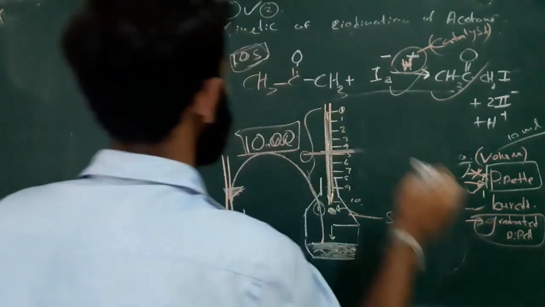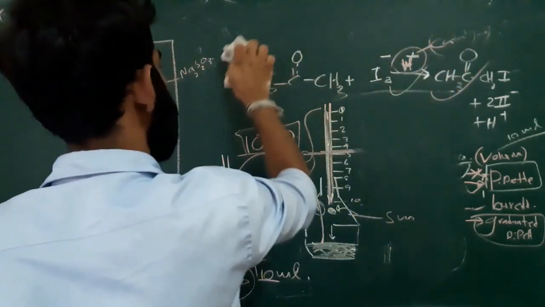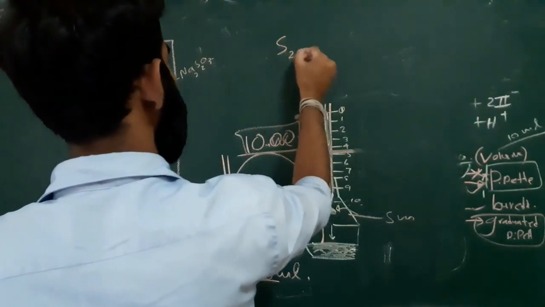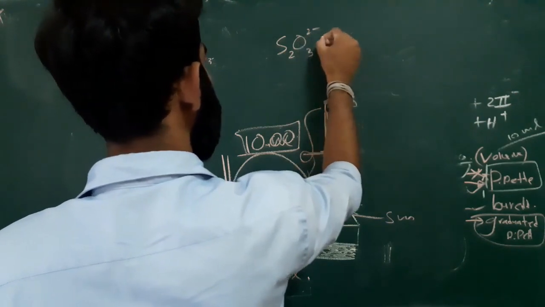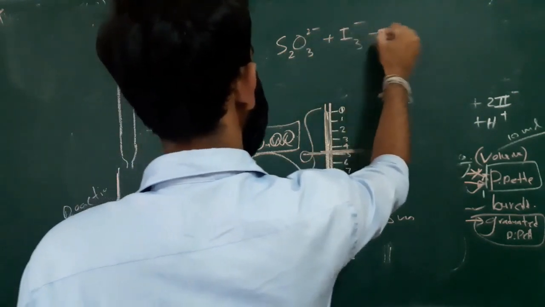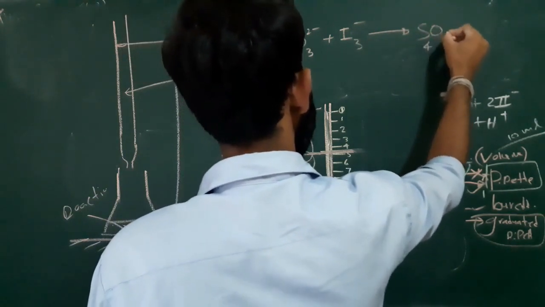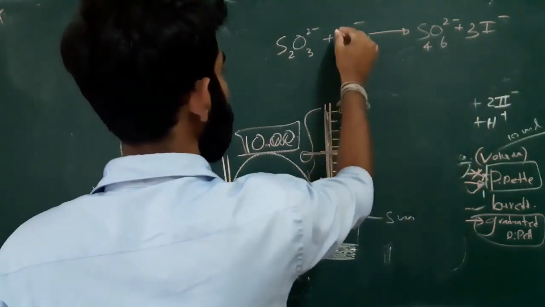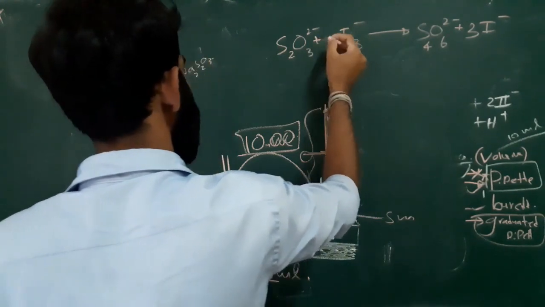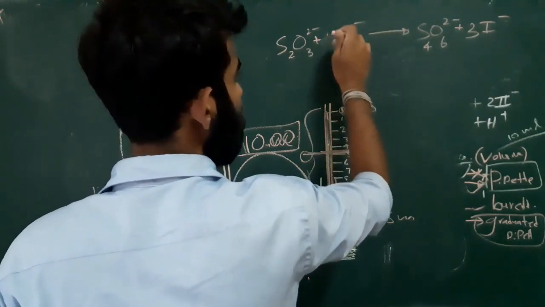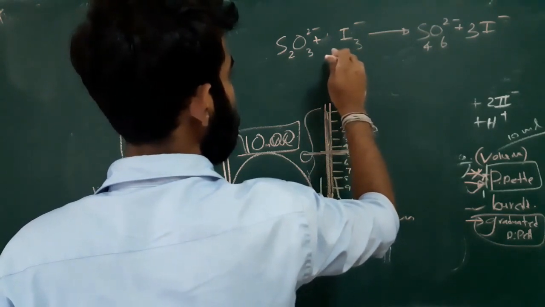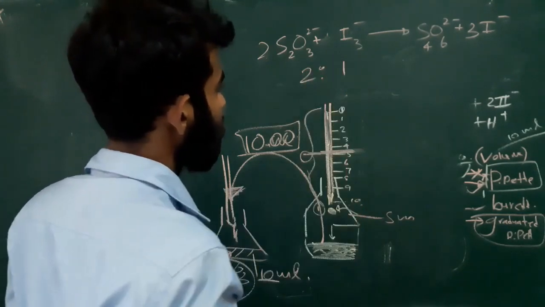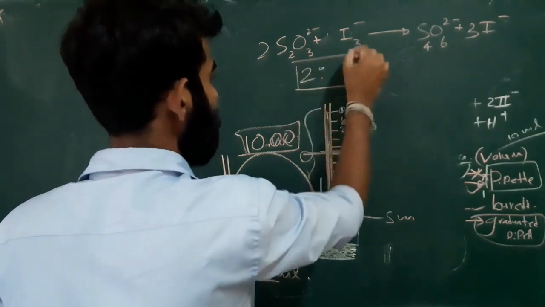Plus 3I minus. Here the stoichiometry will be 2:1.